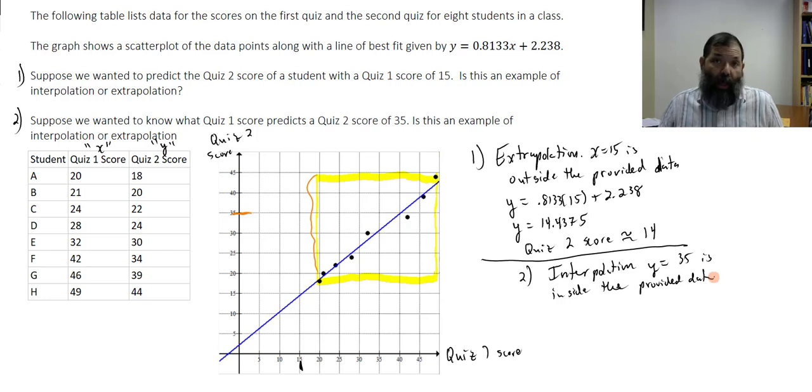And again, we can go ahead and follow through on the prediction. We want 0.8133x plus 2.238 to equal 35. So we go through a little bit of algebra here. Let's subtract the 2.238.